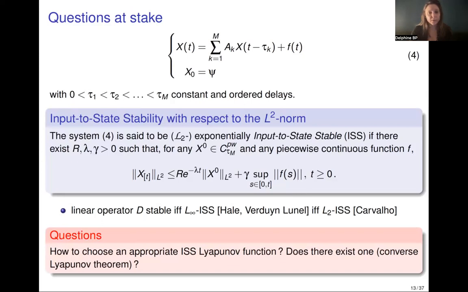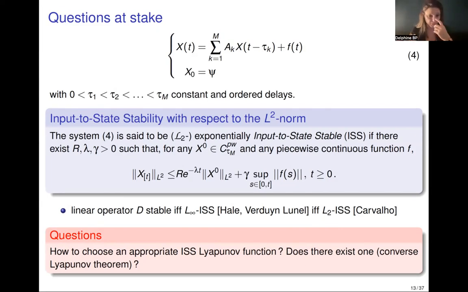Another brief remark, which I mentioned briefly at the beginning: in one of the papers of Ale, Virgin, Linnell and Cavallo, it is mentioned that L infinity ISS, a concept that was presented previously, is actually equivalent to L2 ISS, which is the concept that I put in this slide.